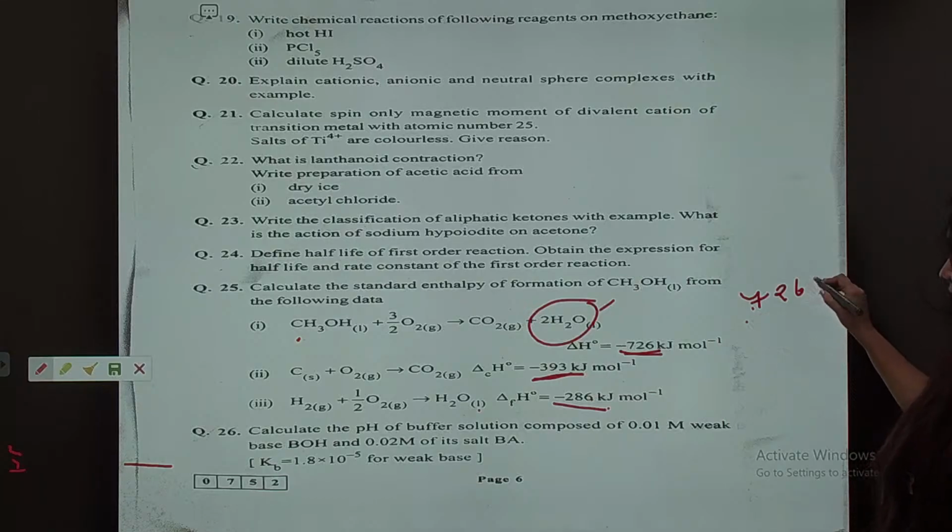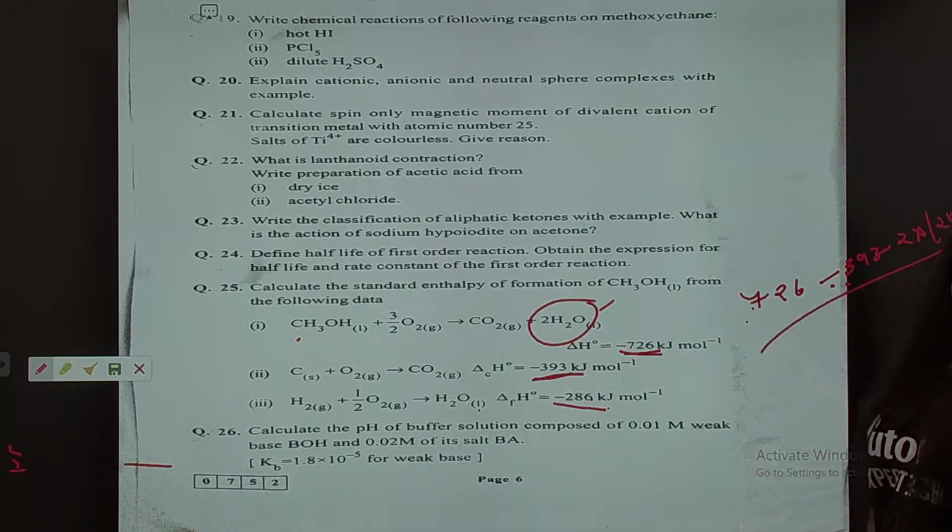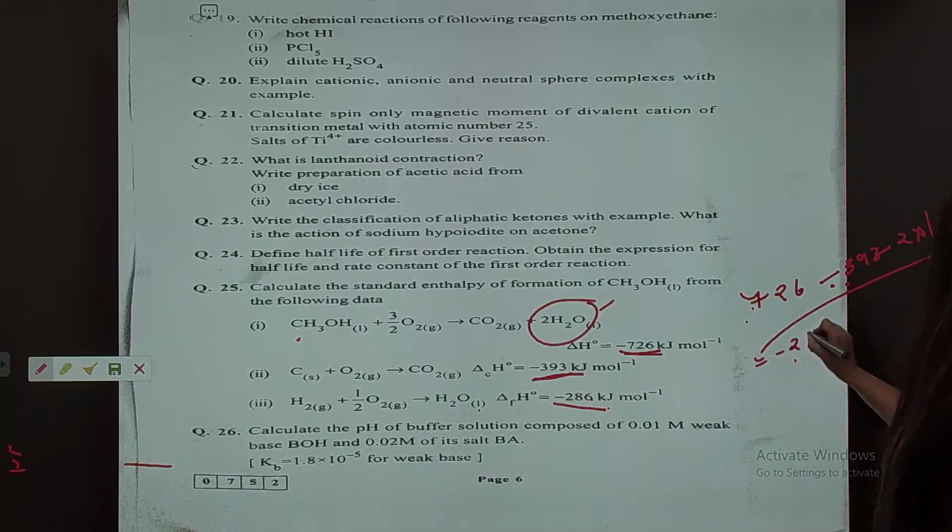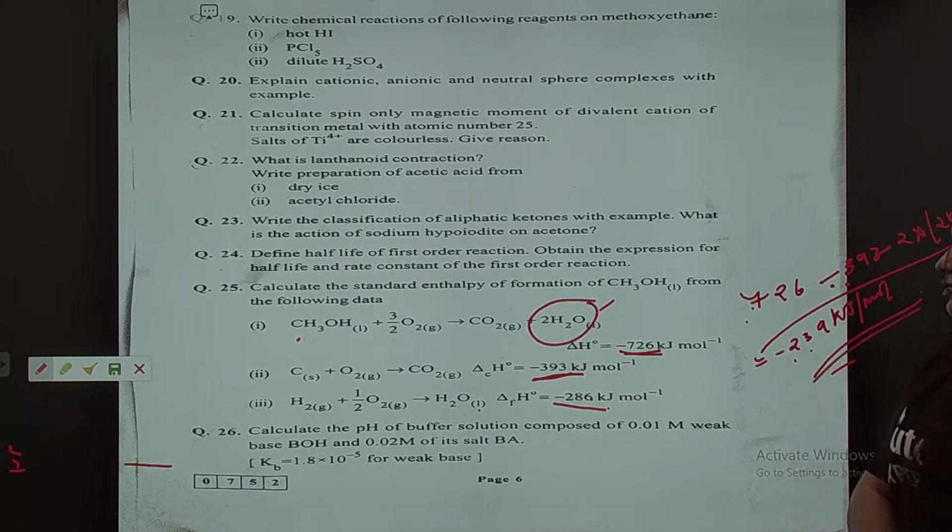So minus 726 minus 393 minus 2 into 286, and that is going to give you your answer. When I calculated, it comes out to be minus 239 kilojoules per mole. That's your answer for question number 25, everyone.